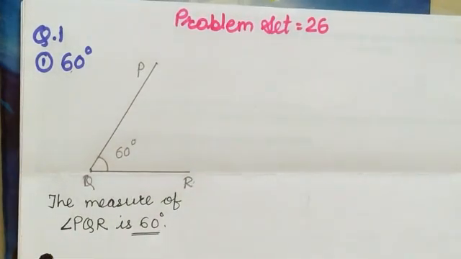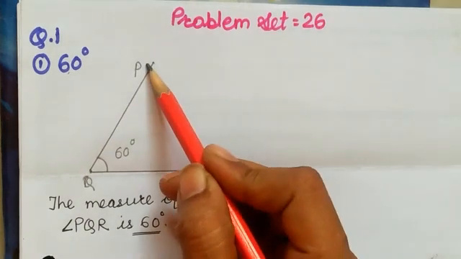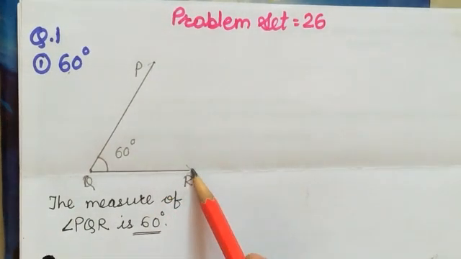Got it students? If you want, you can take a screenshot. If you want, you can put an arrow mark at the end of the arms, but for this stage of 5th standard, it is not essential. So you can keep it this way also.